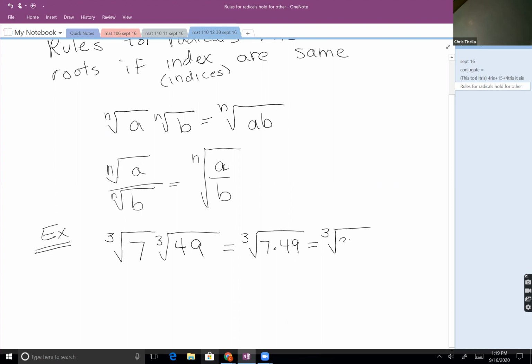That gives me the cube root of 343, which turns out to be 7. I'm a little bit lazier, so rather than doing that much work, does everybody recognize that 49 is 7 squared? And so that would give me the cube root of 7 to the third, which would also give me my 7.